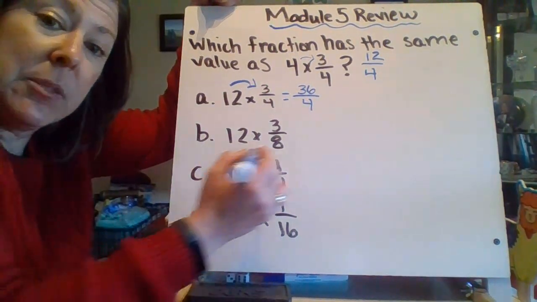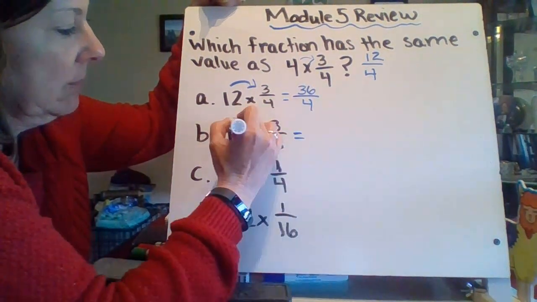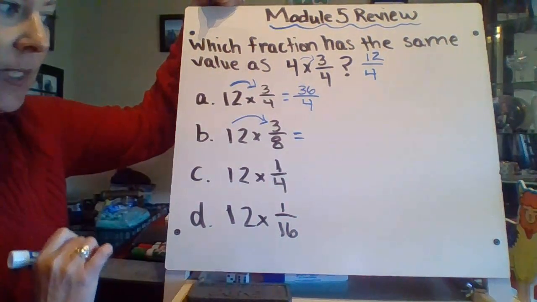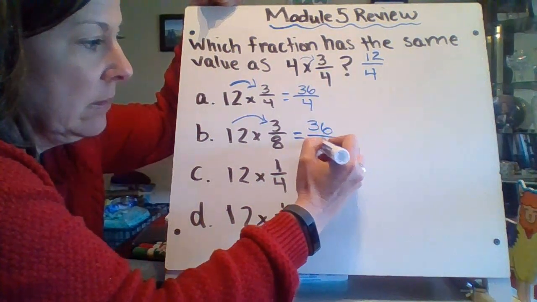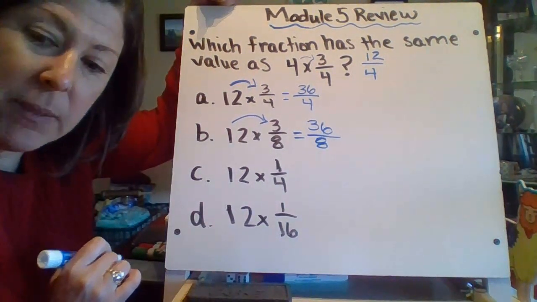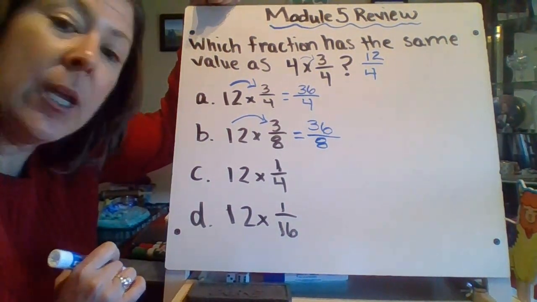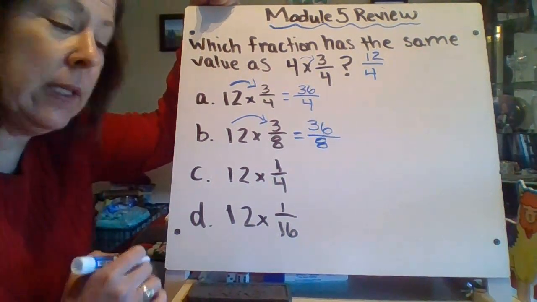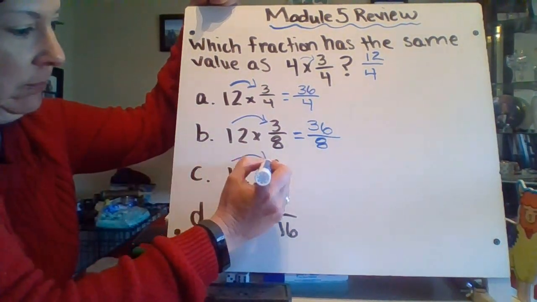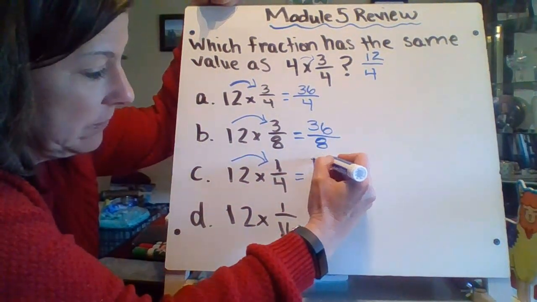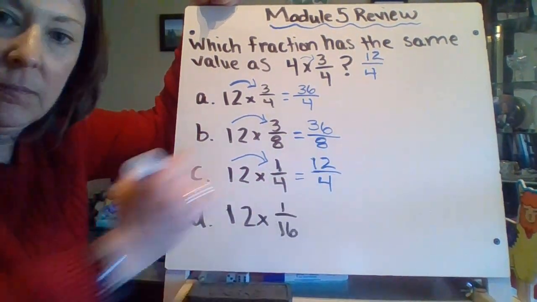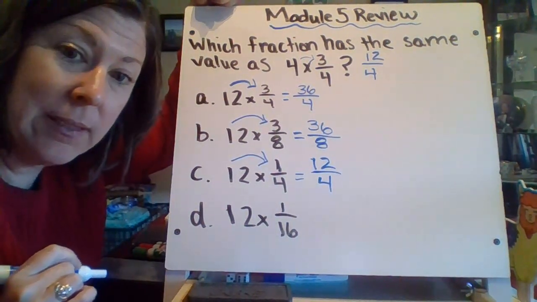Letter B, 12 times 3/8. 12 times 3, 36, but it's 36/8. 12 times 1/4. 12 times 1 is 12, so I have 12/4.